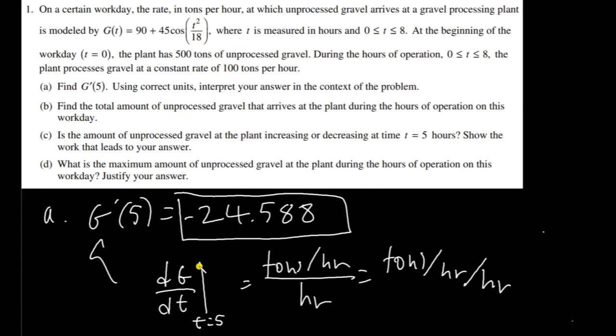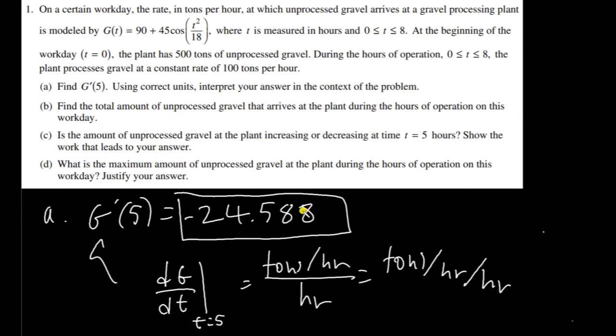We know that g of t tells us the rate at which the gravel is arriving, so g prime of t should tell us how much that rate is changing. Specifically, g prime of 5 tells us how quickly the rate is changing at t equals 5. So at t equals 5, the rate of gravel arrival is decreasing by 24.588 tons per hour squared.